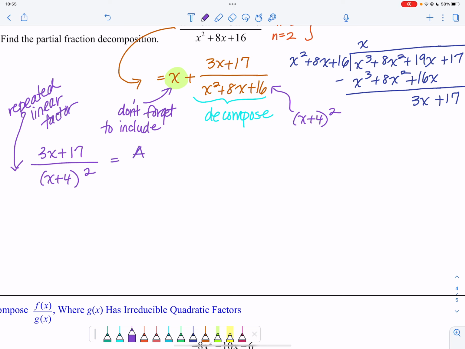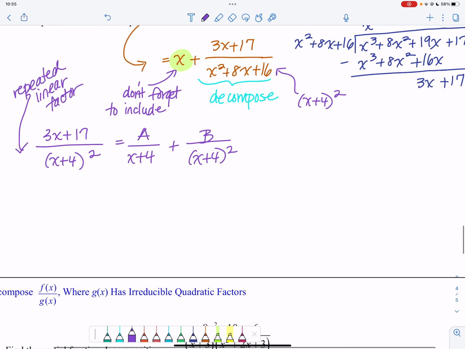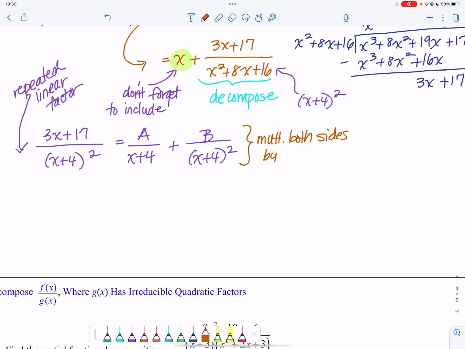So now what do we have to do? We have to say that this is equal to a over x plus 4 plus b over x plus 4 all squared. Okay? So now we're going to multiply both sides by x plus 4 all squared.